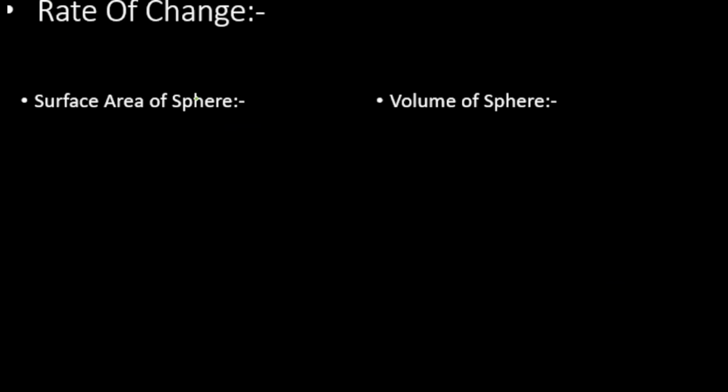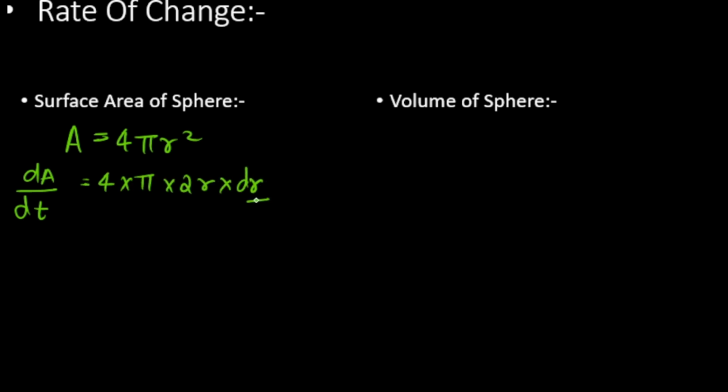Rate of change. Surface area of a sphere: area is equal to 4 pi r square. So now dA by dt, with respect to time, is 4 into pi into 2r into dr by dt. So dA by dt is equivalent to 8 pi r dr by dt.